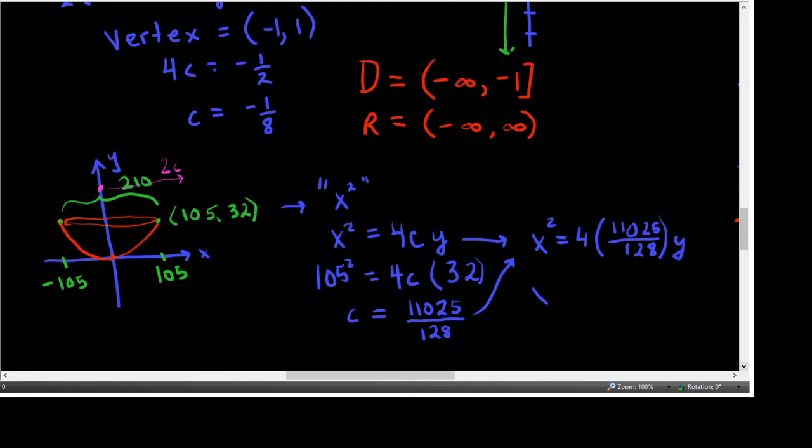And simplifying the numbers in this problem, this ends up being x squared is equal to 11,025 divided by 32, that fraction multiplied by y. And that completes that example.